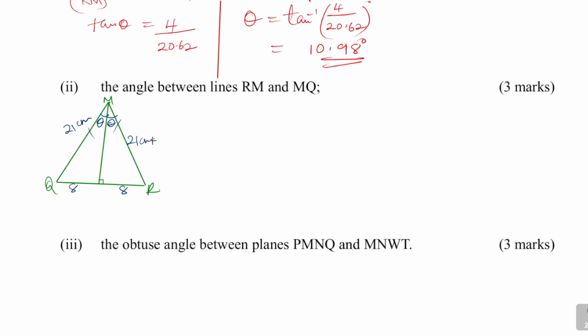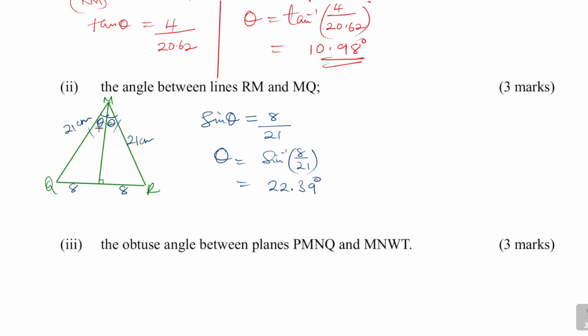So how do you get that angle theta? I can use sine. Sine of that angle theta is given by the opposite side, which is 8, divided by the hypotenuse, which is 21. So theta is the sine inverse of 8 divided by 21, and this gives 22.39 degrees.